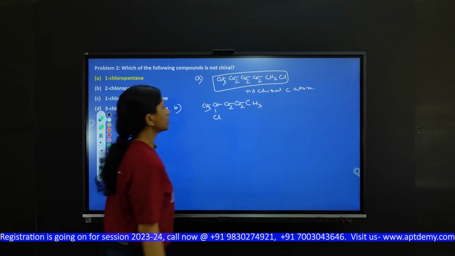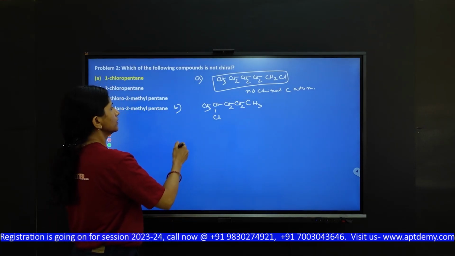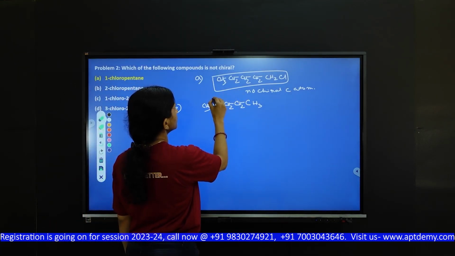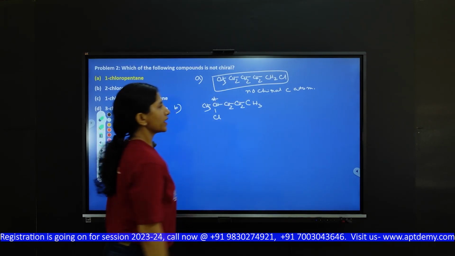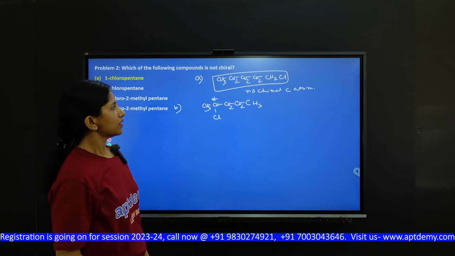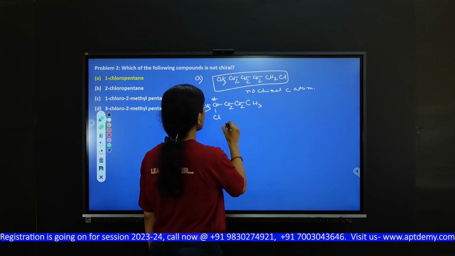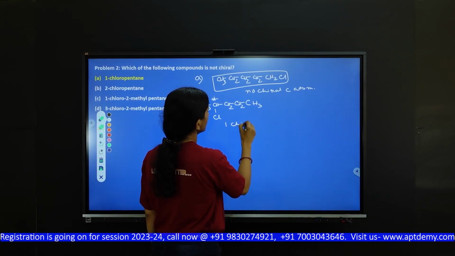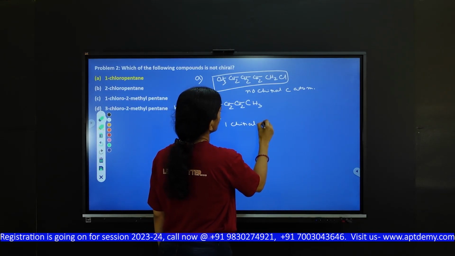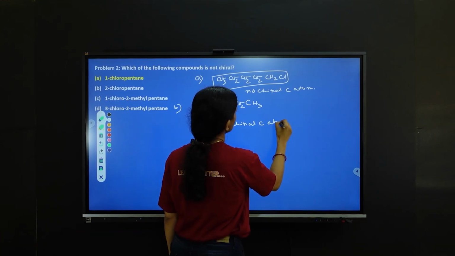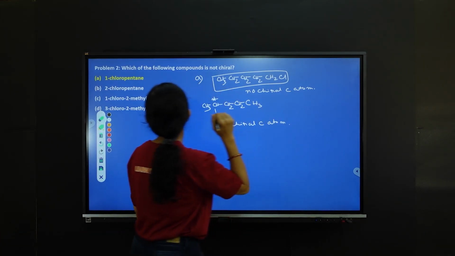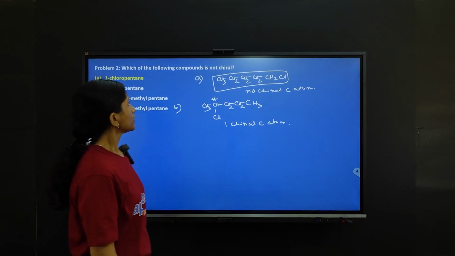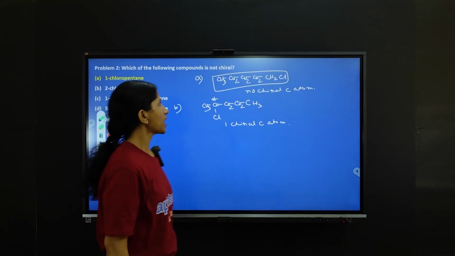This is our 2-chloropentane. If you check, this is our chiral center. It has 1 chiral carbon atom in this compound, so it will show chirality.